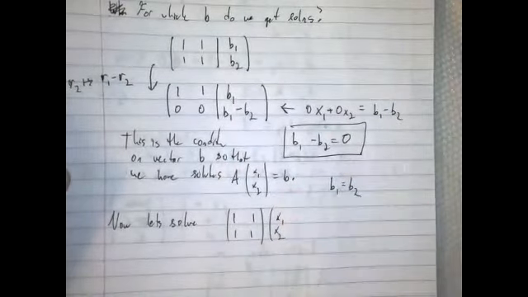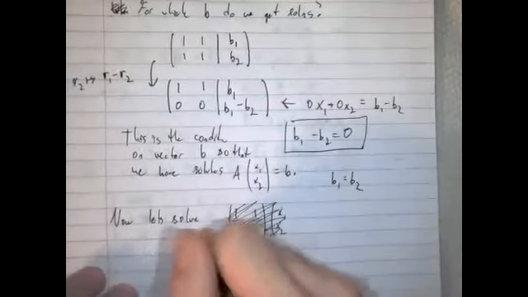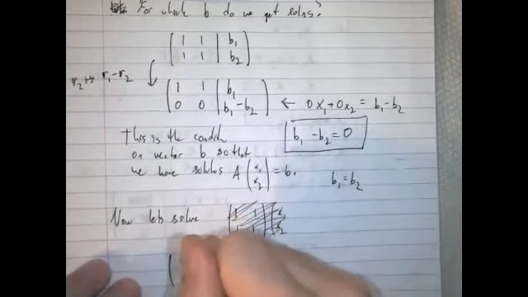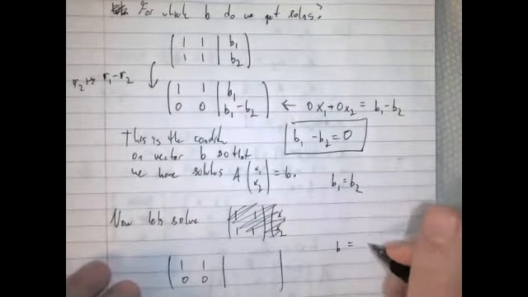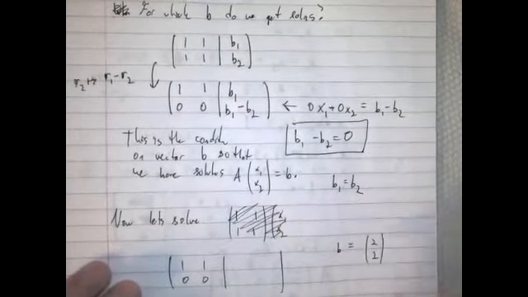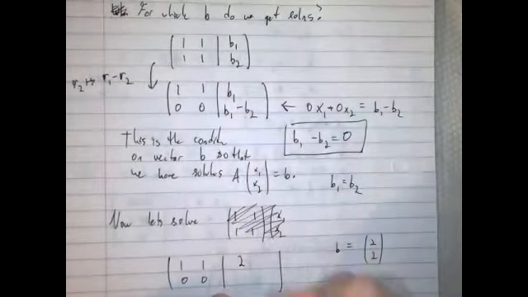Well, I don't want to go all the way back up here. I'm going to go here: 1, 1, 0, 0. And then what I want, I'm going to plug in b equal to (2, 2). So in other words, b1 is equal to 2, and b1 minus b2 is equal to 0.